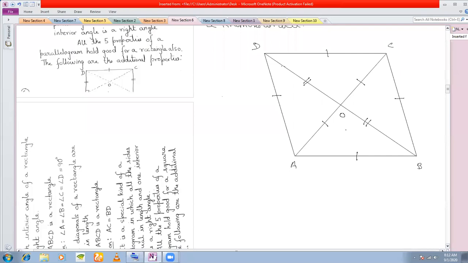Not only this, but also that these two are perpendicular to each other. This angle is 90 degrees. So not only do the diagonals bisect each other as in a parallelogram, but you can also conclude that they are perpendicular to each other.